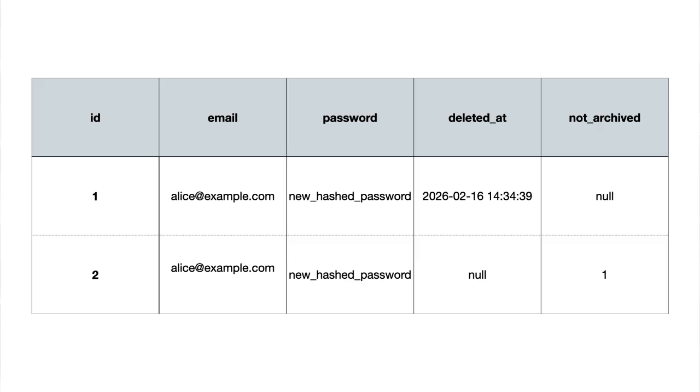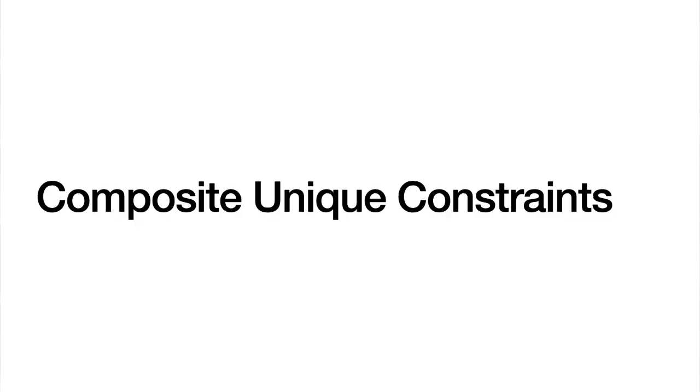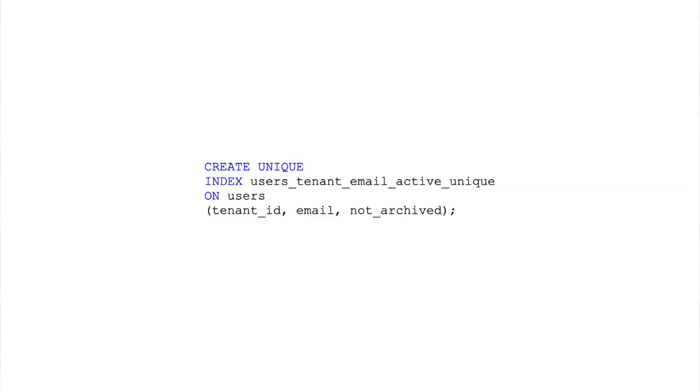So when you soft delete a user, their not archive column becomes null and the unique constraint ignores them. Active users will have not archive equal to 1, so the constraint prevents duplicate active accounts with the same email address. And deleted users have not archive equal to null, so they don't conflict with any of the other rows. Pretty cool.